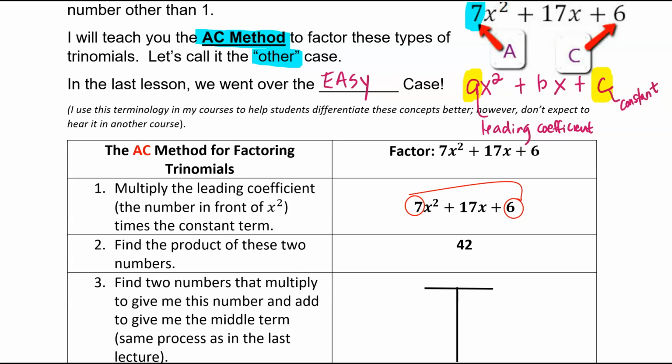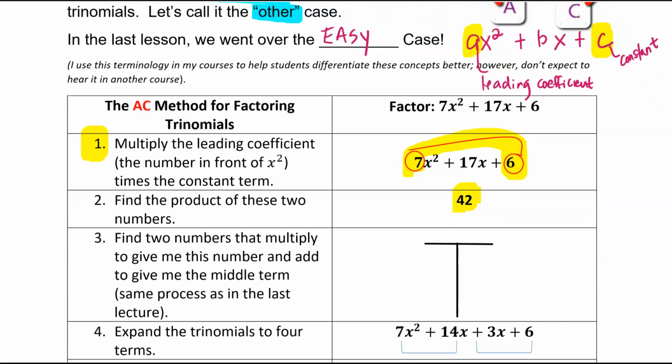So when I say AC method, then you know what I'm referring to, the leading coefficient and constant. So the first step is to multiply the leading coefficient, the number in front of x squared, times the constant term. And here we have 7 times 6. What is that? That's 42.